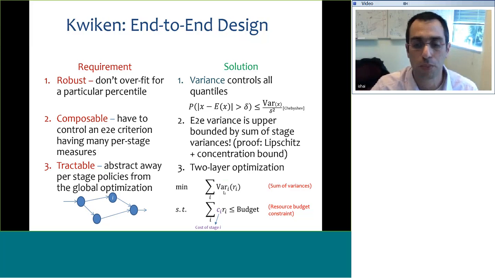This is the optimization problem that we have. As I mentioned, we want to minimize the sum of variances of the different stages. The variance changes as a function of the reissue budget, or the reissue percent, that you're giving to this stage. This is similar to the response curves that I've shown before.